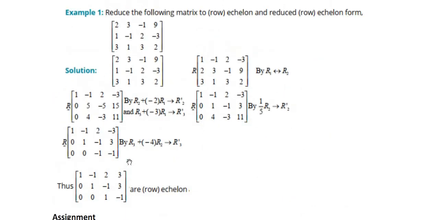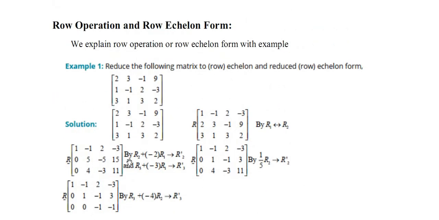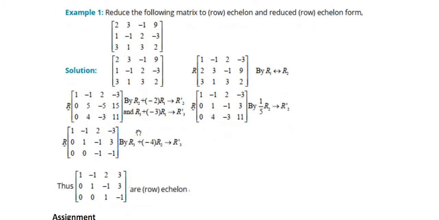Now we are going to discuss row operations and row echelon form. We explain row operation and row echelon form with an example. The example is: reduce the following matrix to row echelon and reduced row echelon form. This is the matrix, and we want to make its maximum entries 0. For this we apply different operations on the rows.